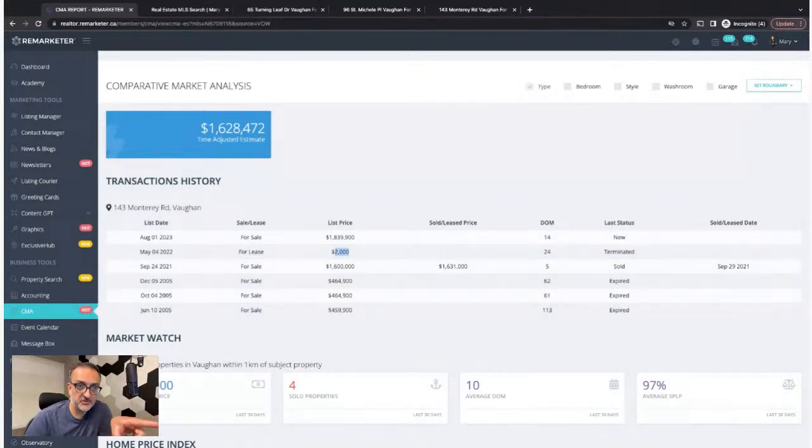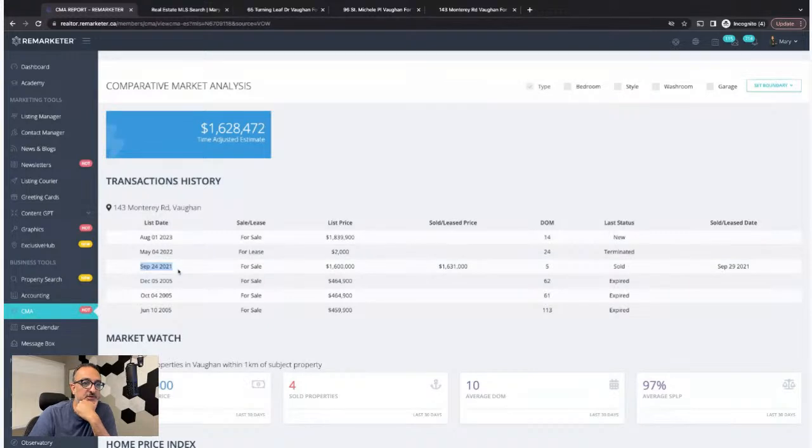So this is information that you would understand as a realtor, and be able to explain to the client, or do your own analysis like this. But what catches my eye here is that it was purchased in September 2021.